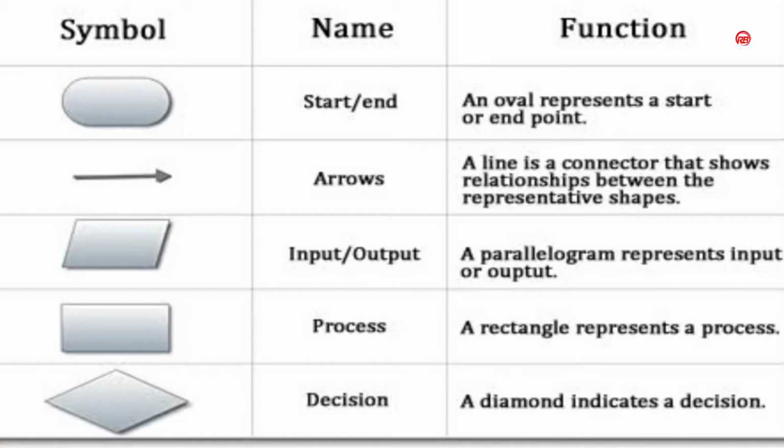And a parallelogram indicates input or output. A rectangle represents a process. And finally, a diamond indicates a decision.